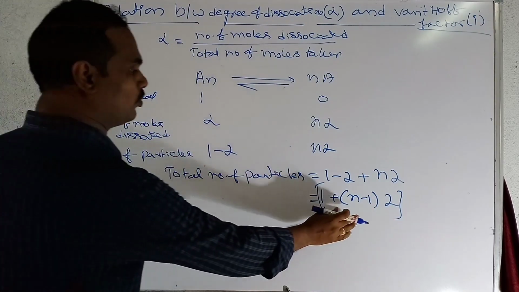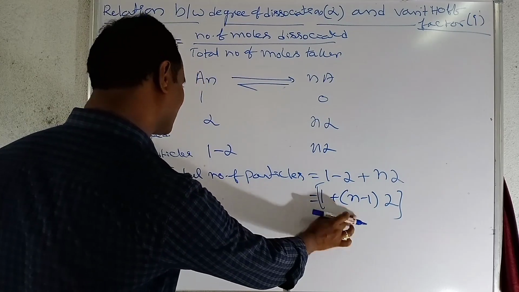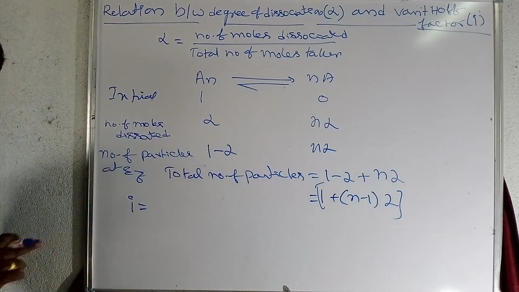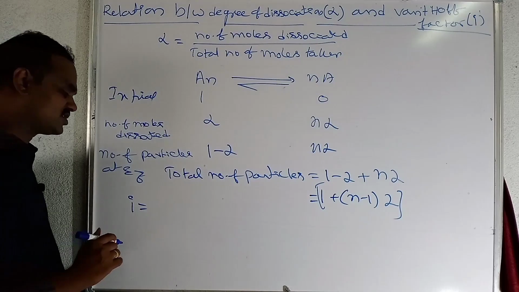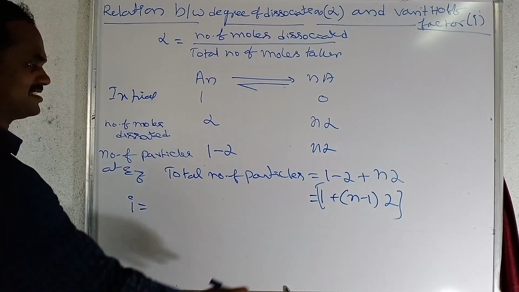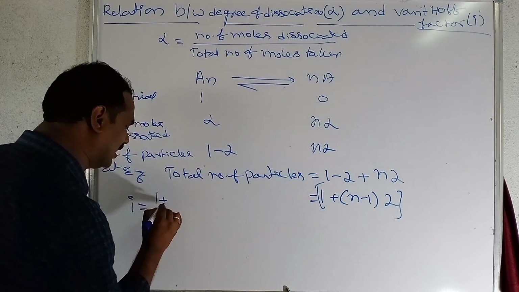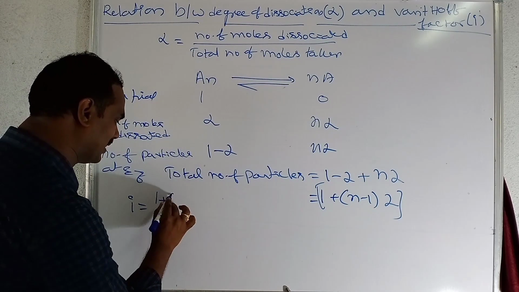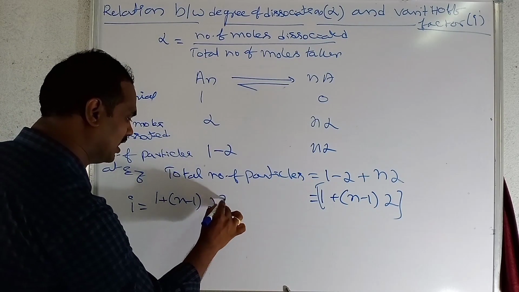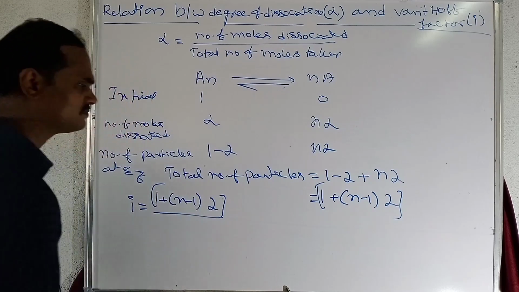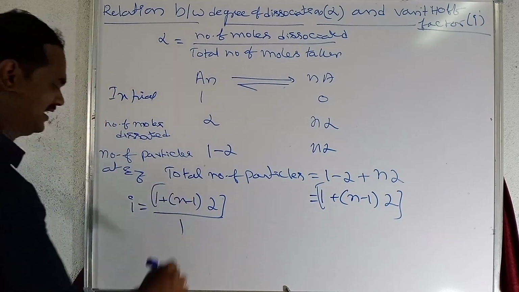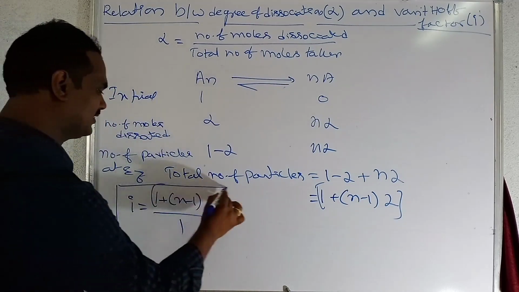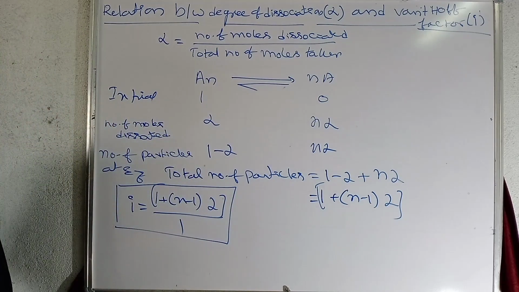So i equals 1 plus (n minus 1) alpha by 1. This is the van't Hoff factor for the dissociation case.